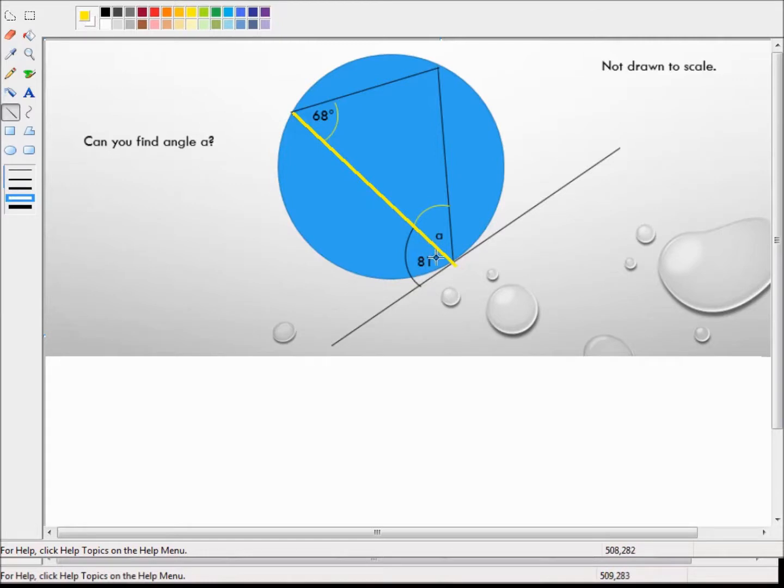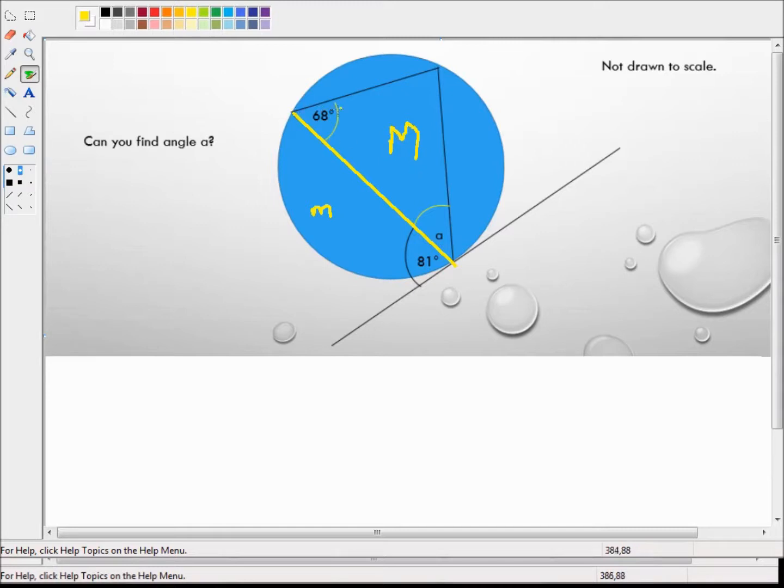Now, if the angle that this chord makes with the tangent line is 81 degrees, and this angle is in the minor segment, so I'm going to say this is little m for minor segment. So that means that this other side of the chord will be big M for major segment.